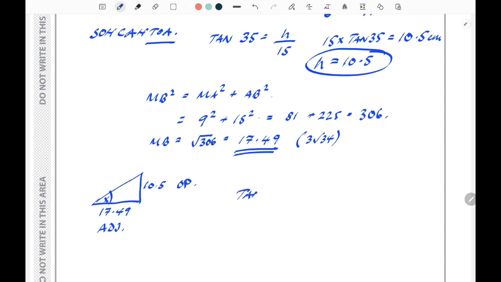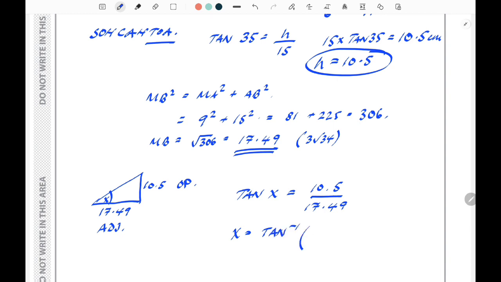So tan x, the angle that we want, is given by the ratio 10.5 over 17.49, more or less 17.5 if you want, and therefore x equals the inverse tan, right?